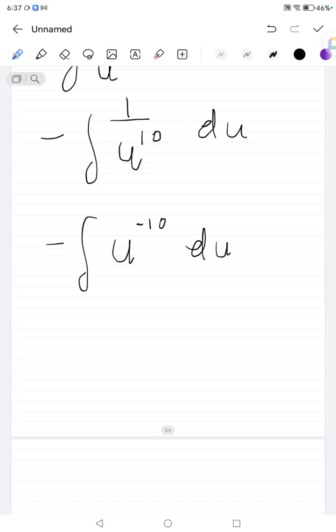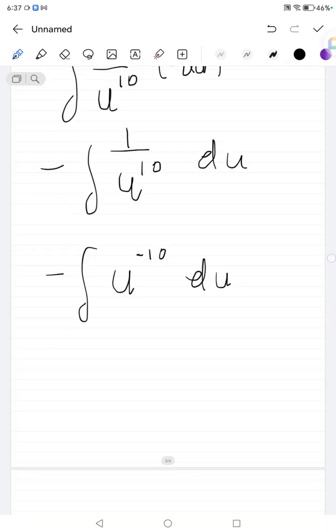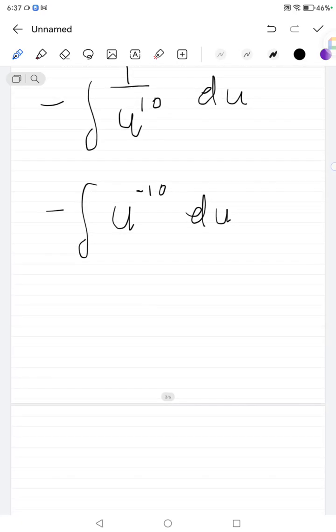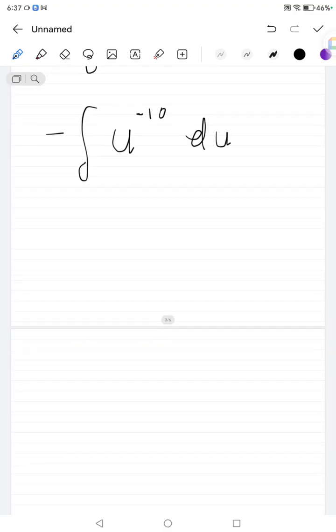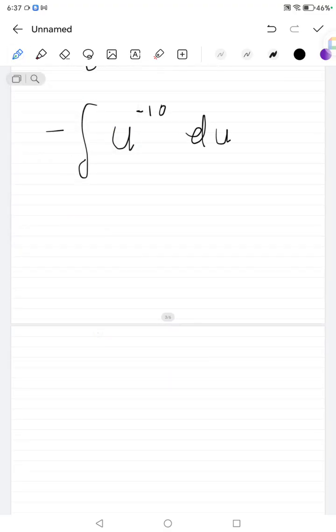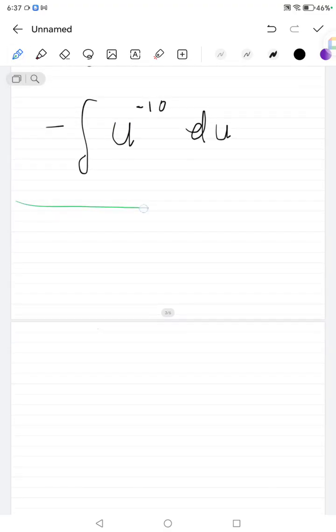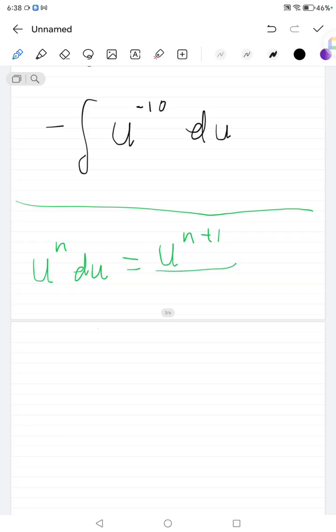Then you know this side, well, we're going to be using the power rule. So the power rule is going to be saying, what do we have? Let me just write it this side, that we have our u to the exponent n du, which is the same as having our u to the exponent n plus 1 over n plus 1.